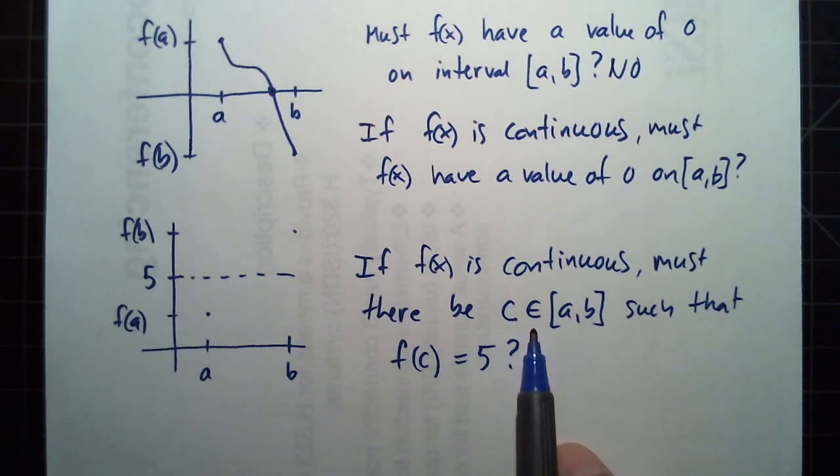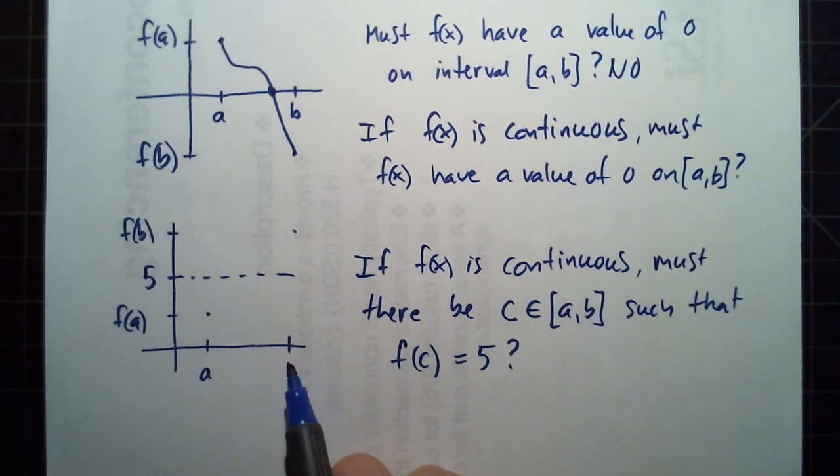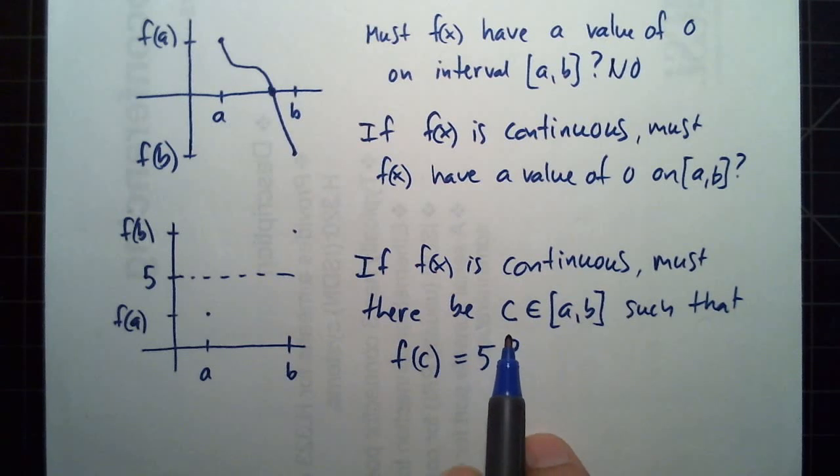This symbol means is an element of. So must there be some c that is an element of a, b, meaning a c value between a and b, such that when we plug c into the function, the value will be 5? There will be a y value of 5. So yes, there is such a c because f is continuous.